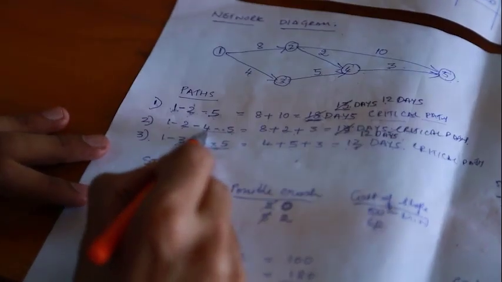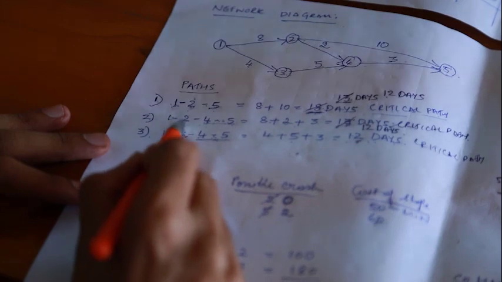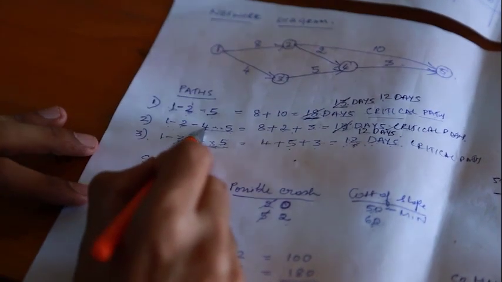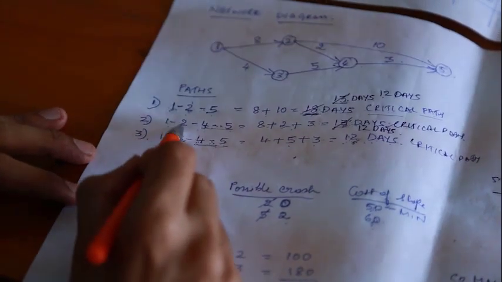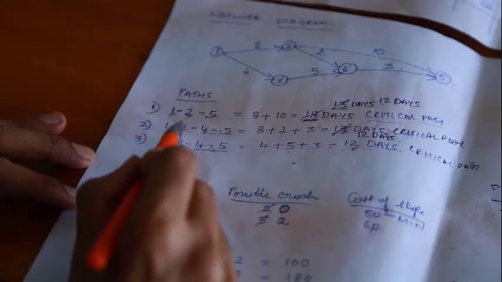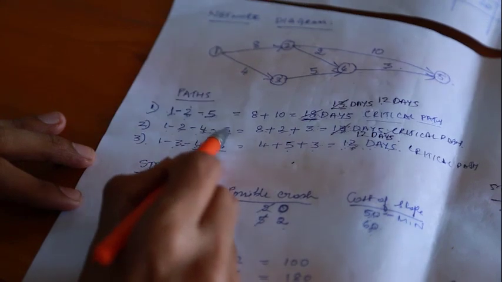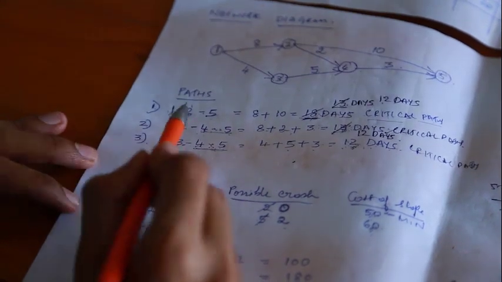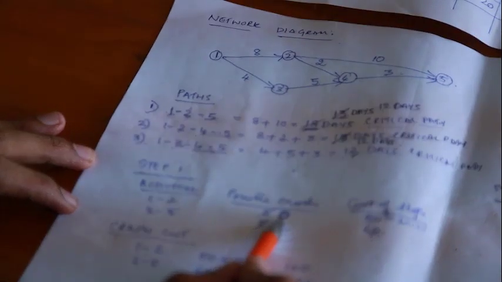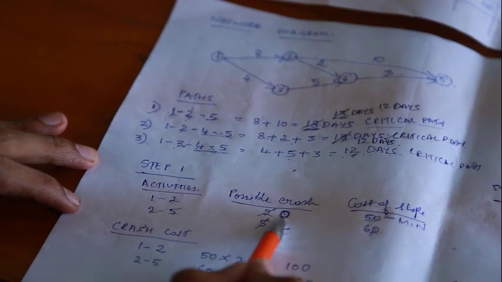Next path is 1 to 2, 2 to 4 and 4 to 5. Any one of the activities which has the minimum cost has to be crashed. 1 to 2 has got 0 cost, so cannot be done.